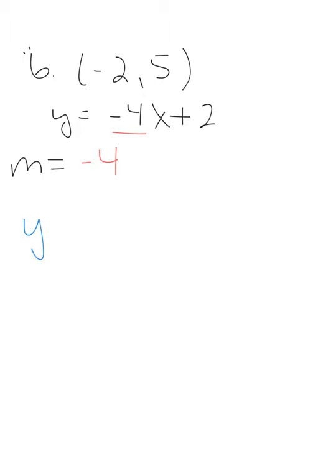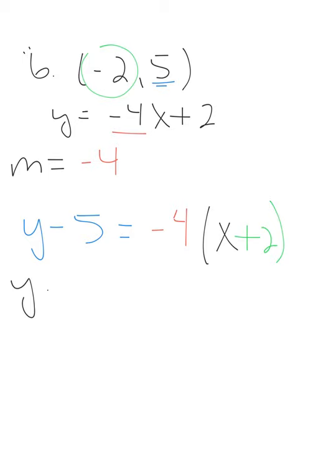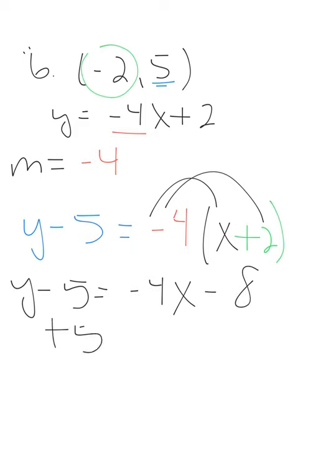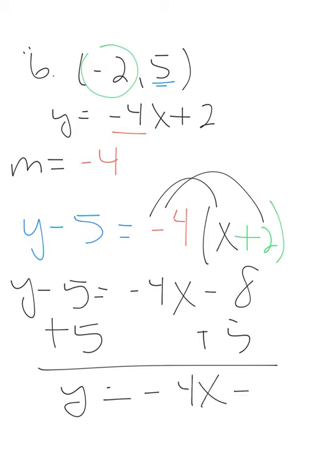So now we're going to have y minus 5 right here equals negative 4 x. Now look, it's a minus 2, so it becomes a plus 2. So we have y minus 5 equals negative 4x minus 8. Add 5 to both sides. Y equals negative 4x minus 3.